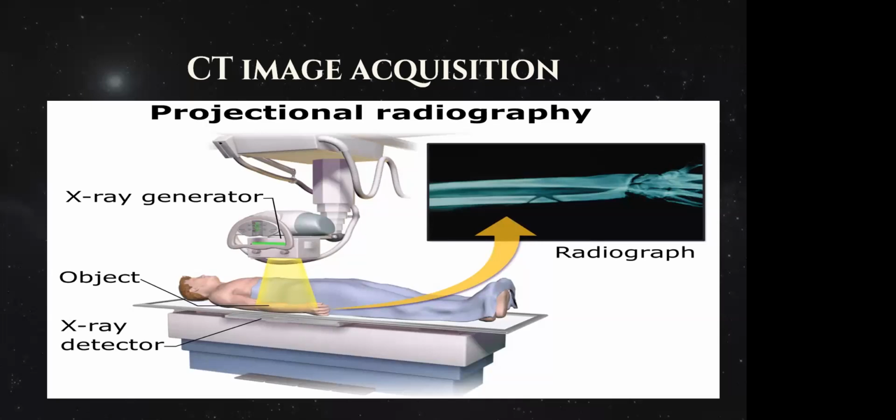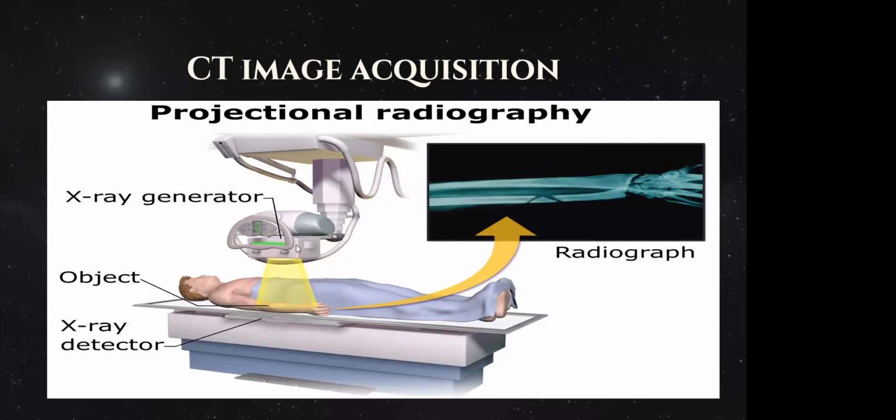We have a source, and X-rays are electromagnetic waves which are projected from a point source, which is an X-ray tube in the case of a common radiograph.